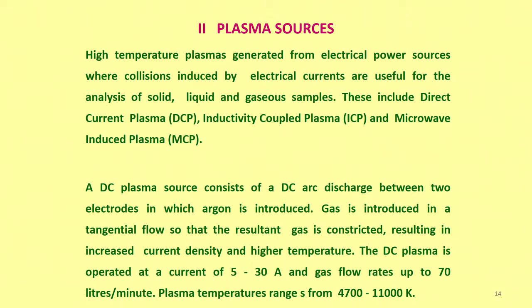So, I am introducing argon in a touching way and the resultant gas is constricted, that results in increased current density and higher temperature. The DC plasma is operated using 5 to 30 amperes. So, how many amperes do you get in your normal day to day houses? What is the amperage? At home, we get 5 amps. Electric plugs, they are 5 amps and 15 amps.